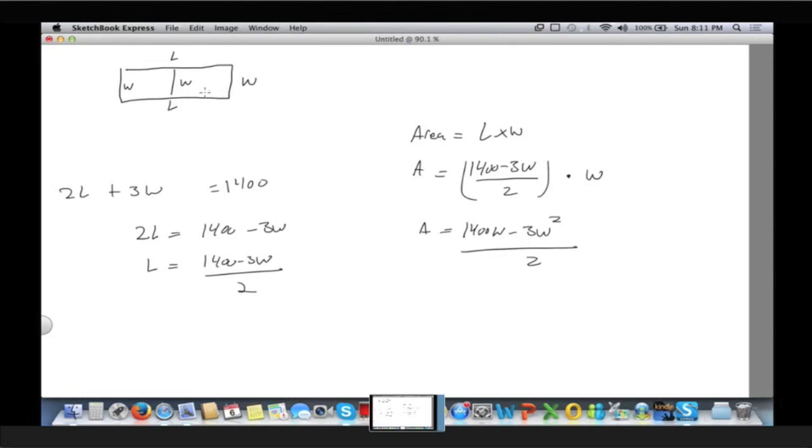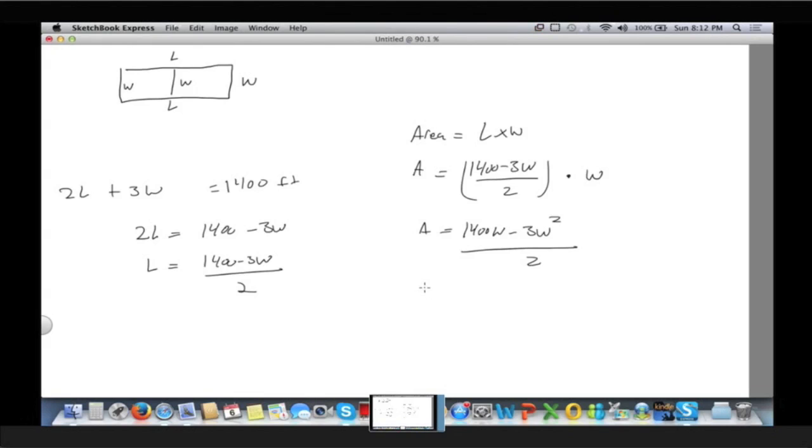So we drew the rectangle. We labeled our sides, length, width. Area is length times width, and then our constraint is 2L plus 3W equals 1400 feet. Okay, good.